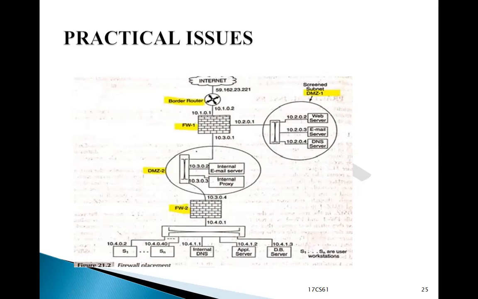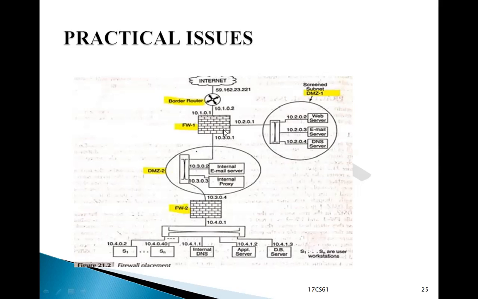This is the very first router or firewall which filters packets from the internet coming towards the other zones. Before coming to other zones, we have other firewalls placed here. With some packet filtering capability, the border router is placed here. This is the access router interface with the internet. It is connected to a stateful firewall, that is FW1.